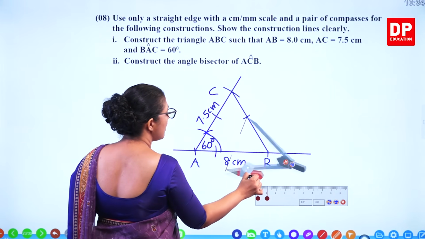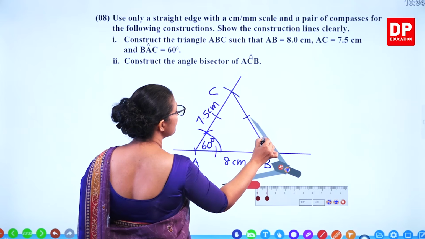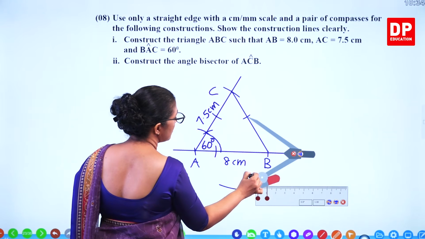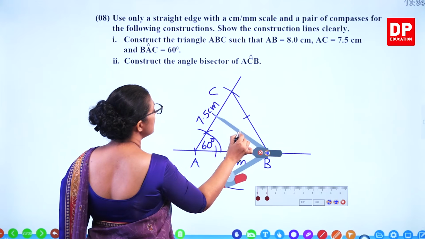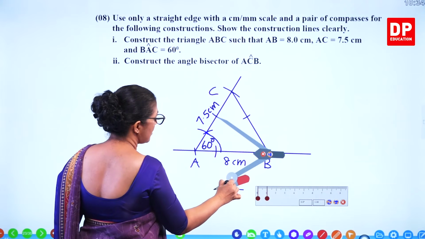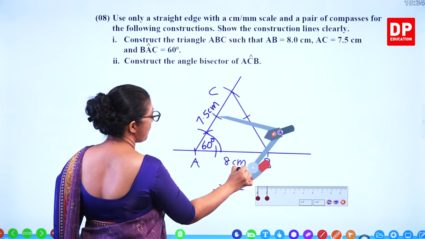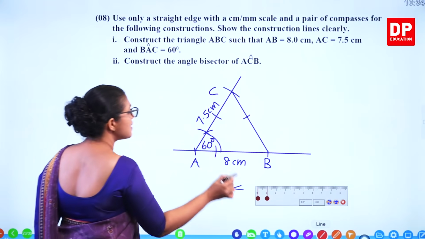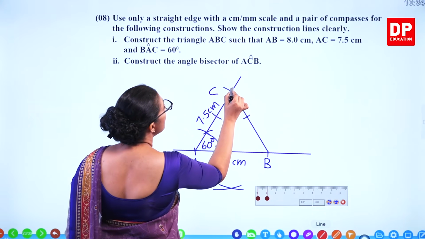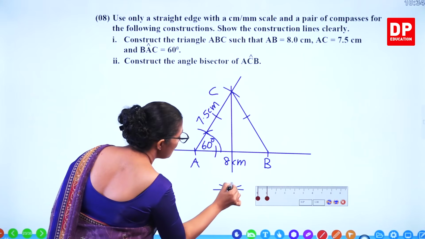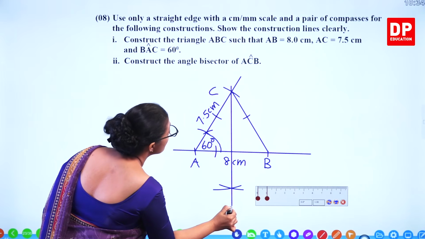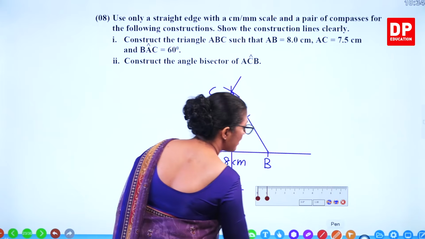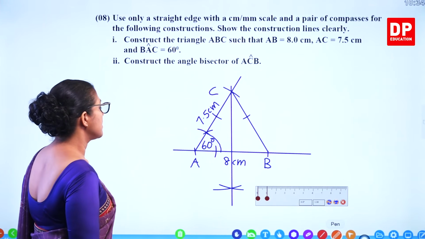We'll take a longer length. An arc in the middle, an arc in the middle there. So you get the intersecting point. So this is the bisector. You can connect C with this intersecting point. So that's the angle bisector.